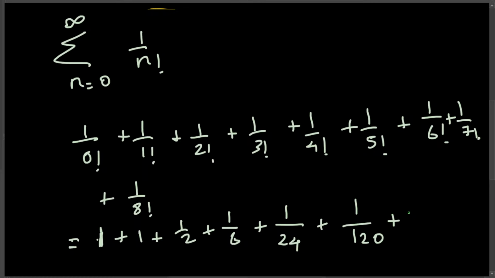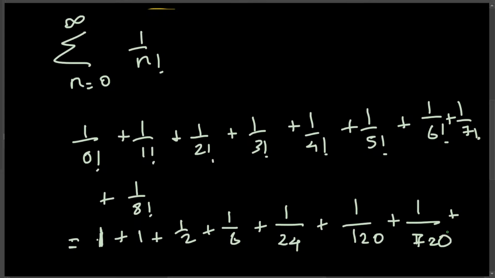And 1 over 6 factorial: 6 times 5 is 30, 30 times 4 is 120, 120 times 3 is 360, 360 times 2 is 720, 720 times 1 is 720. This is 1 over 720. For the 7th factorial, you just multiply this number by 7.